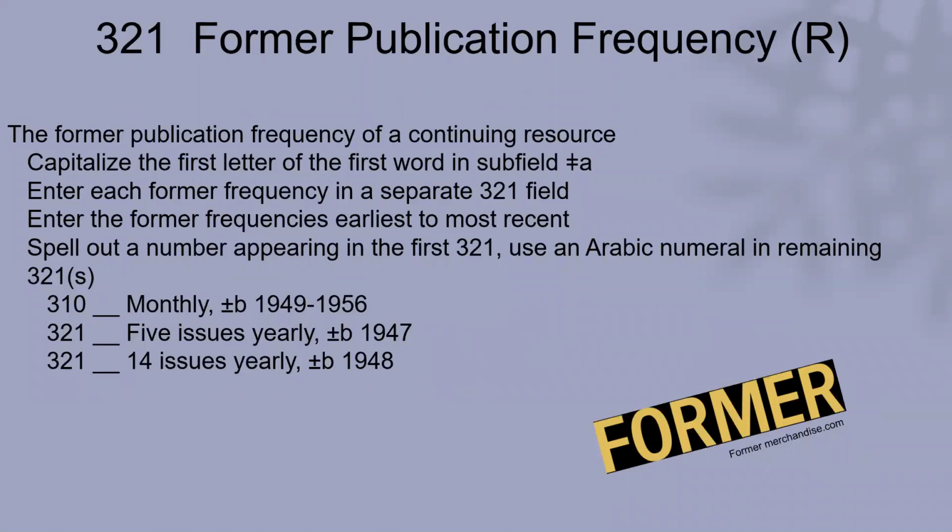If the first 321 begins with a number and MARC tag 310 is present, you want to spell out the number in the first 321, but any other 321s use the Arabic number. That's very confusing, and why you do that, I have no idea, but that's the rule. Information must be entered in separate 321 tags, with the order being earliest to most recent.